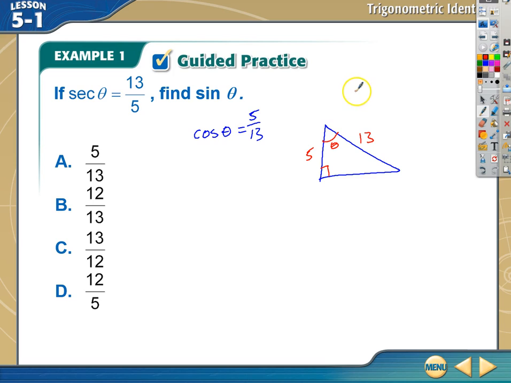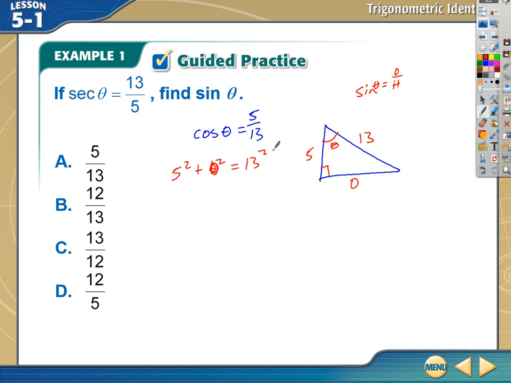Because sine is opposite over hypotenuse, I need to find my opposite. So a squared plus b squared equals c squared. 5 squared plus b squared, or in this case o, because that's my opposite, o squared, is equal to 13 squared.